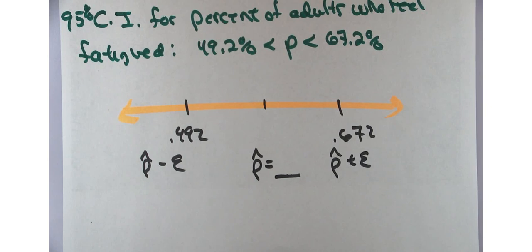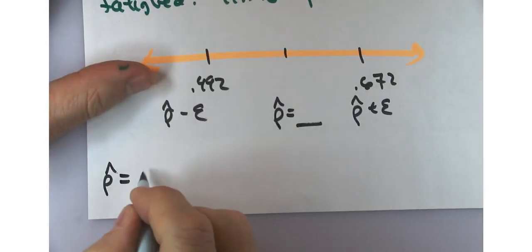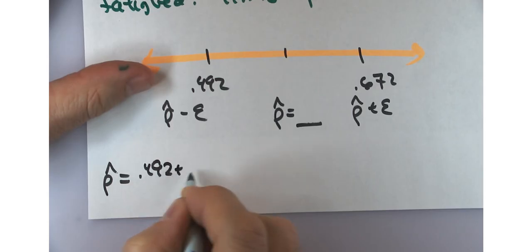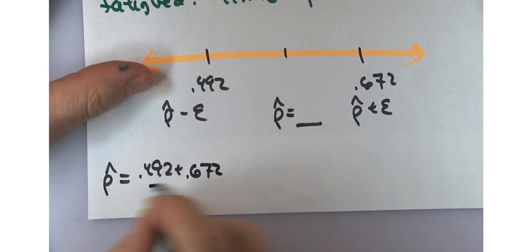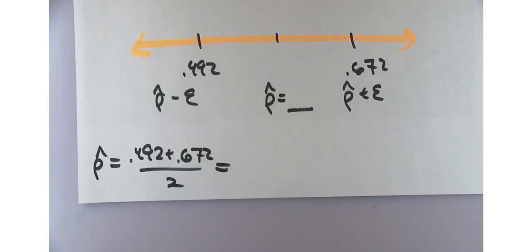Average the two, yeah. Average 2. So P hat, let's do that over here. P hat equals 0.492 plus 0.672 over 2. What am I going to get for P hat?